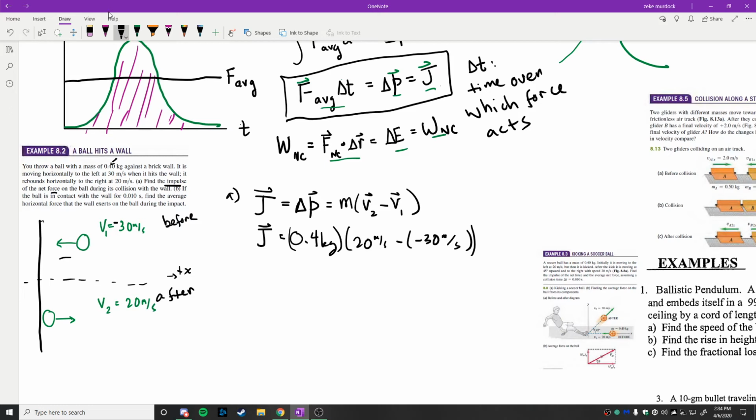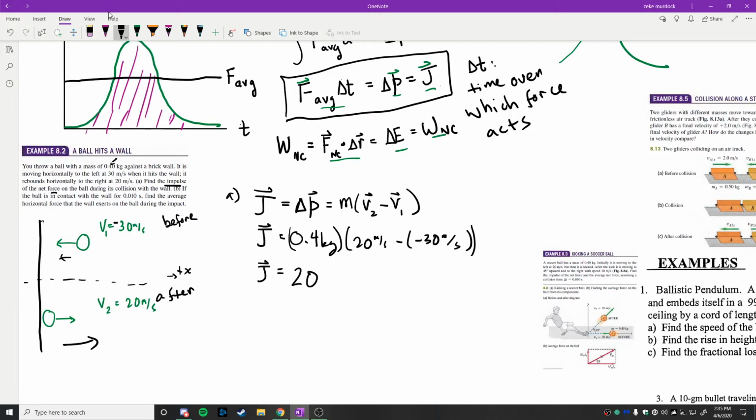If the ball was going left, and then now at the end it's going to the right, it must have experienced a force that was pointing to the right. Okay, so this is going to be what? 50 times 0.4, so 20? Is it 20? Yeah, I think it's 20.